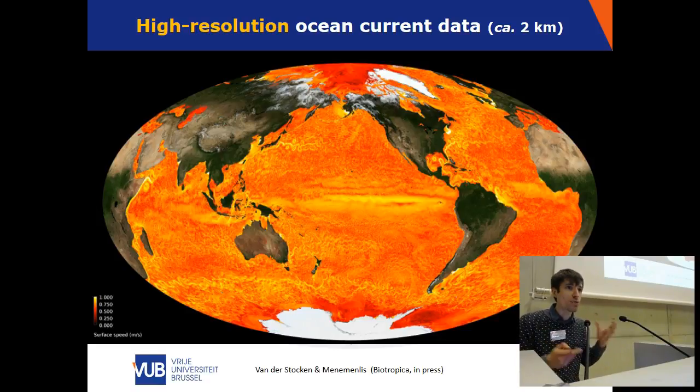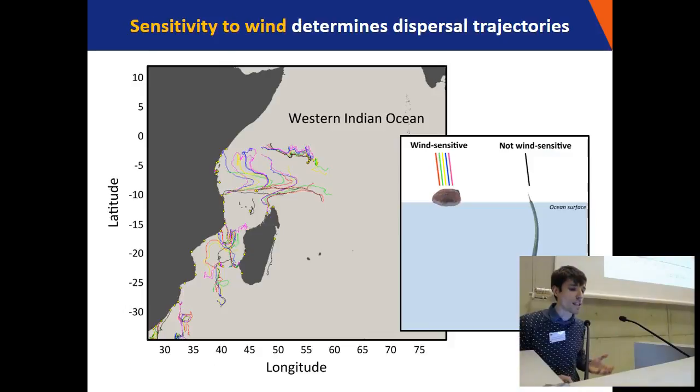And we combined this experimental data and global ocean data to write the first global oceanographic model for trajectories at regional and global scales. And what you see here is an example for the regional scale example for the Western Indian Ocean, Mozambique Channel. And well, what you should focus on is the different colors of trajectories.